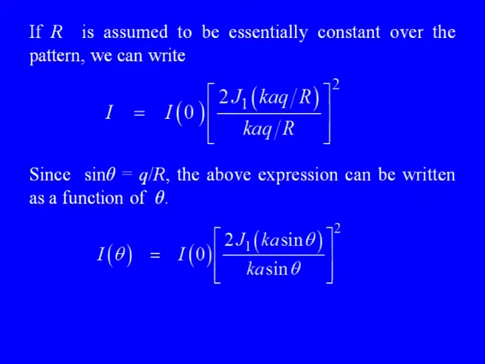There the expression comes out in the form of sin beta upon beta, where beta is some function like this. In place of sin beta over beta, we have J1 of beta over beta. That is the qualitative change in the expression when the rectangular, thin slit changes into a circular aperture.